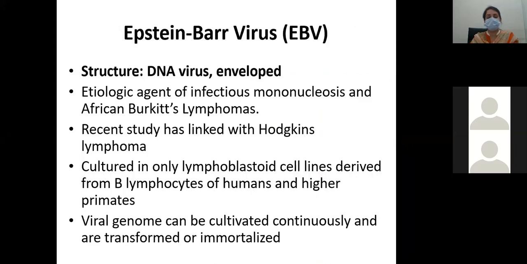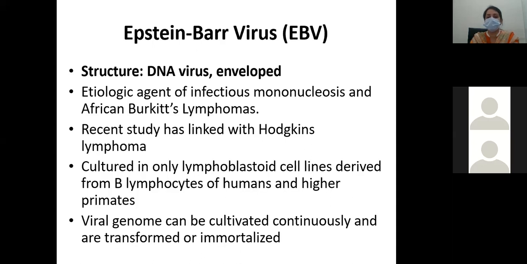Okay, next is Epstein-Barr virus infection. The Epstein-Barr virus is a DNA virus, and it is enveloped. It is the etiological agent of infectious mononucleosis and African Burkitt's lymphoma.